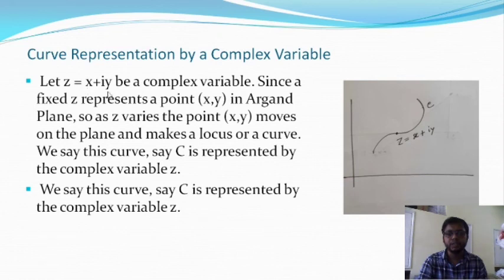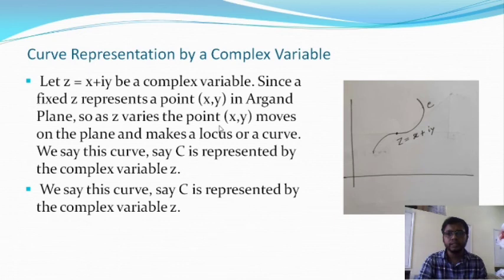So z is a fixed point and it can be written as a complex point, and you know any complex point can be written as (x, y) within brackets. So this point is in the Argand plane or in the complex plane. So as z varies, the point (x, y) moves on the plane and makes a locus or the curve.